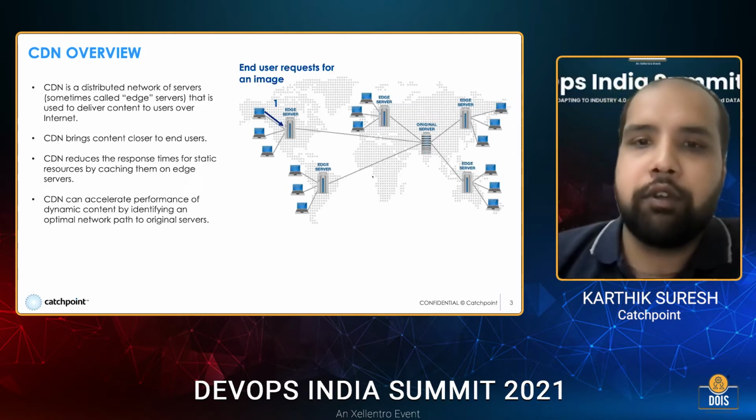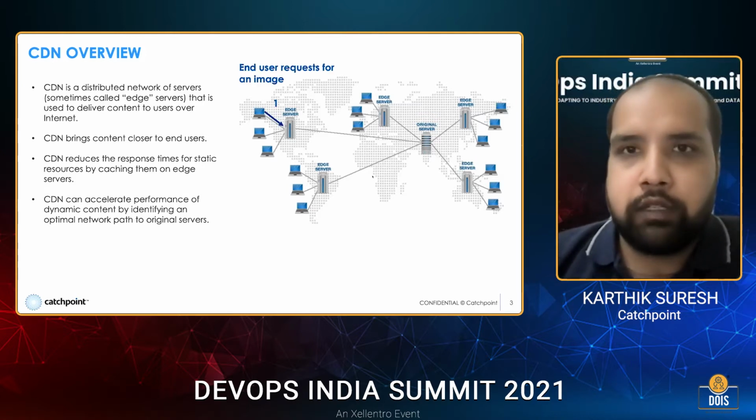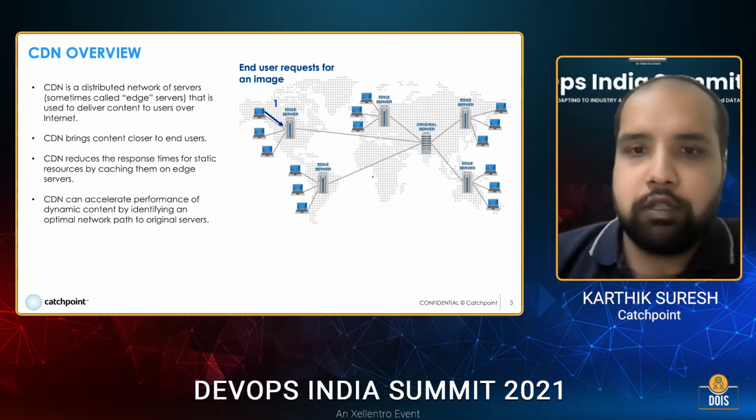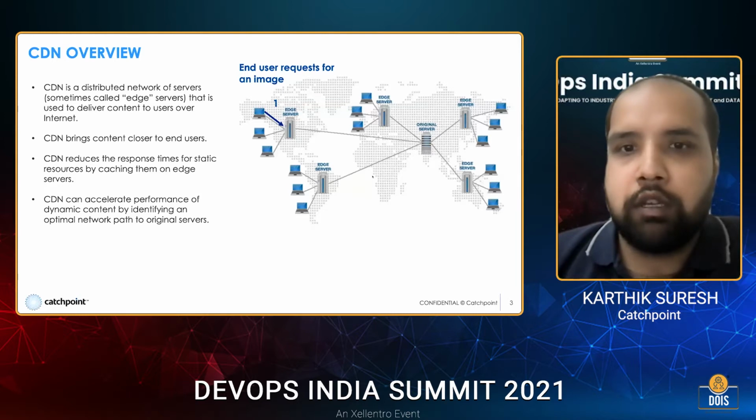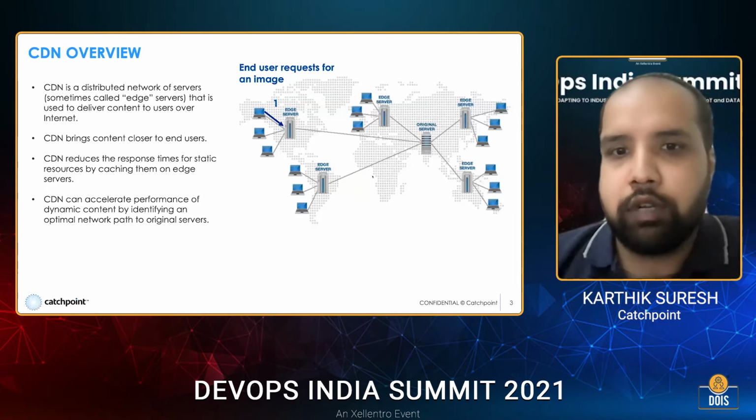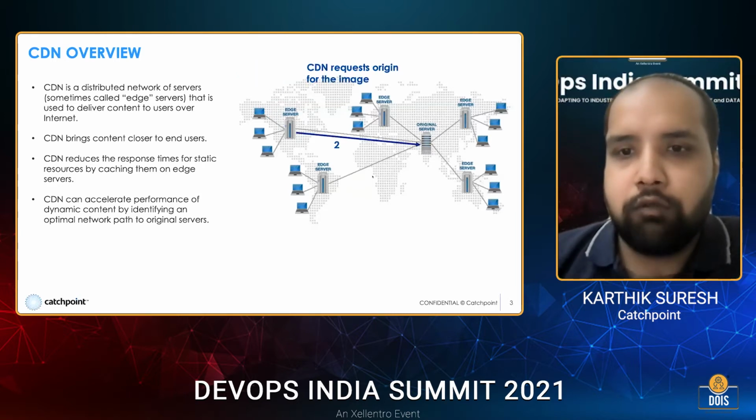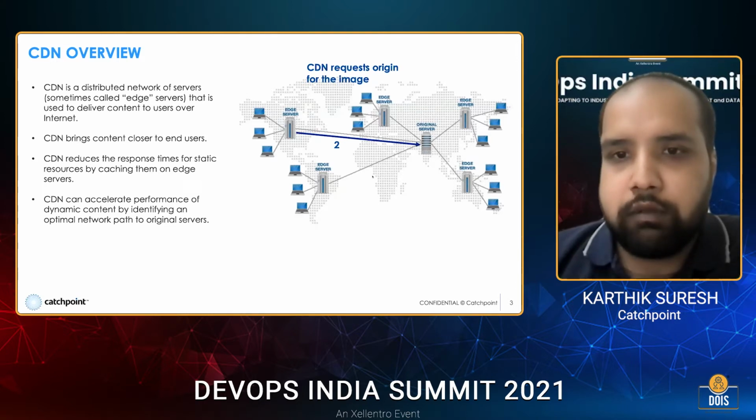So let's say we have a user from the United States who is trying to access a content in India, let's say an image. The request will first be routed to a CDN in the United States. The CDN would then request the image from the origin in India.